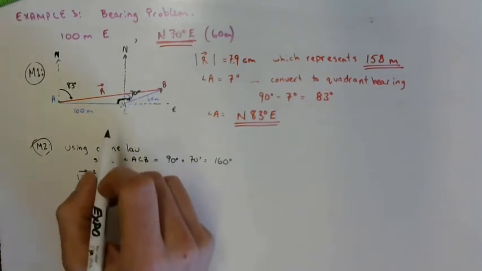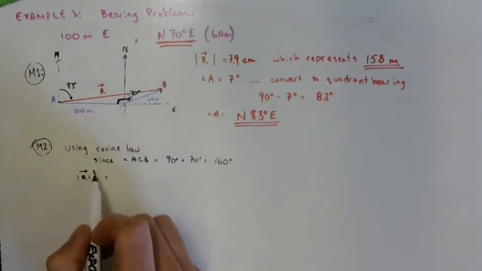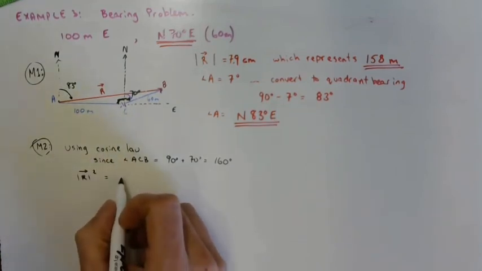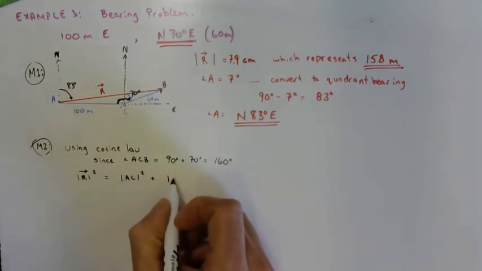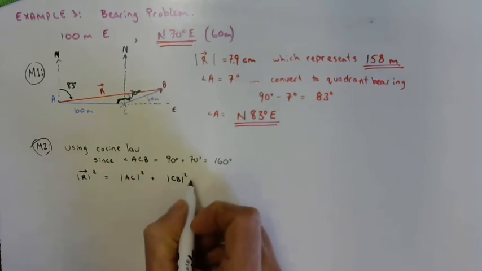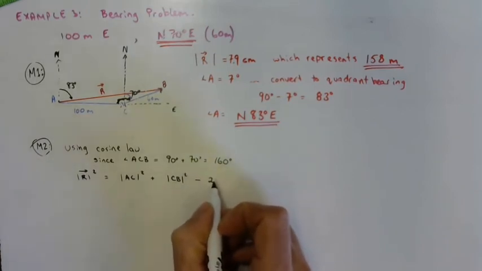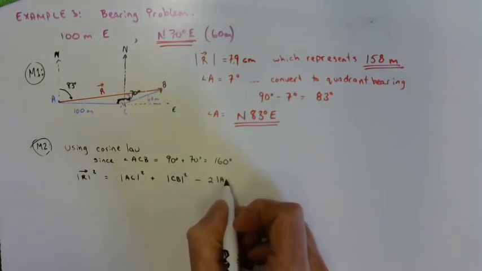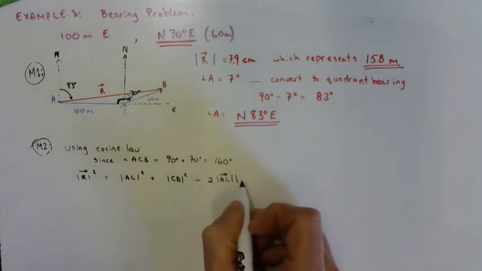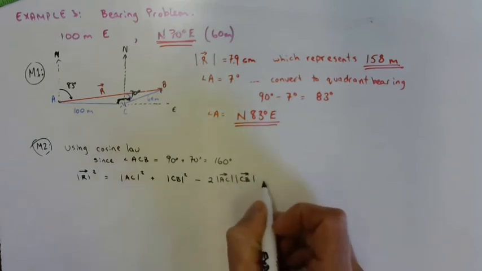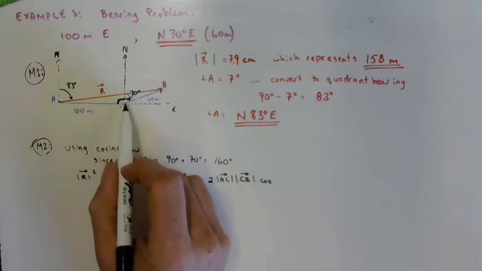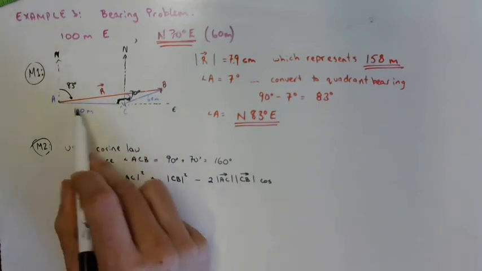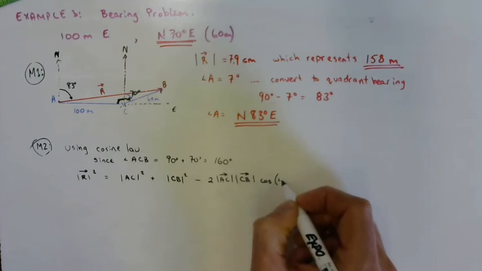So the magnitude of r, the square of that is equal to the magnitude of AC squared plus the magnitude of CB squared minus 2 times the magnitude of AC times the magnitude of CB times the cosine of angle ACB, the angle opposite the side.